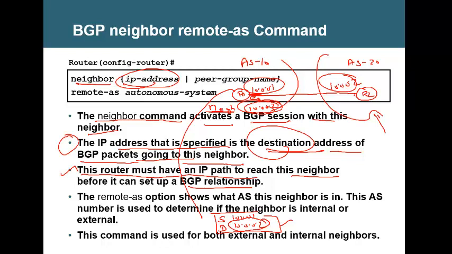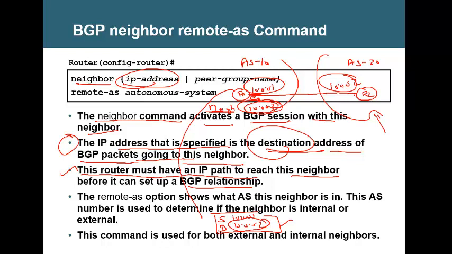This is an application layer protocol. Listen, this is the important term. BGP is an application layer protocol, a layer 7 protocol. What about Telnet? Why am I comparing with Telnet? Telnet is also using TCP. Telnet is identified with the number TCP 23. BGP number is TCP 179.